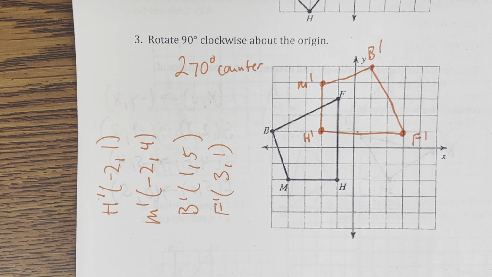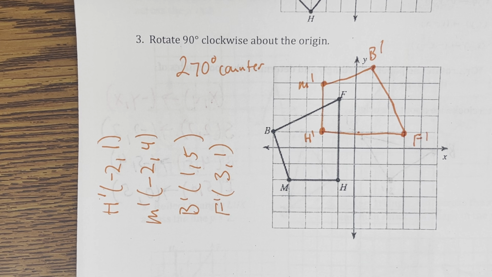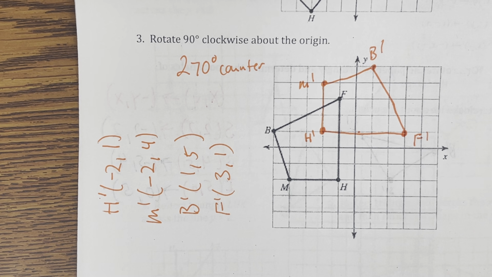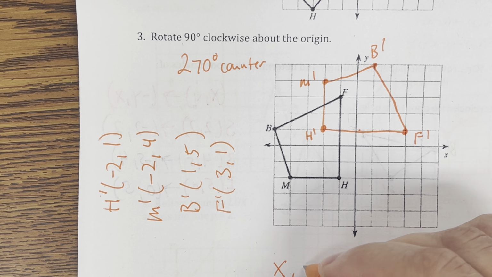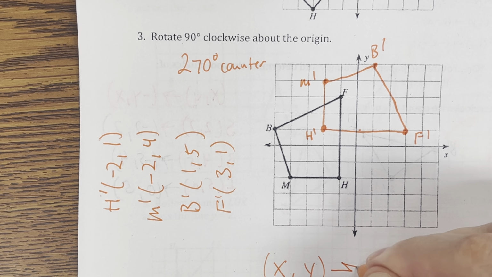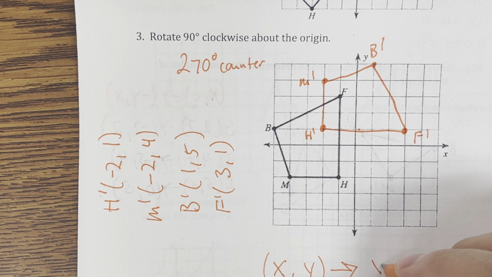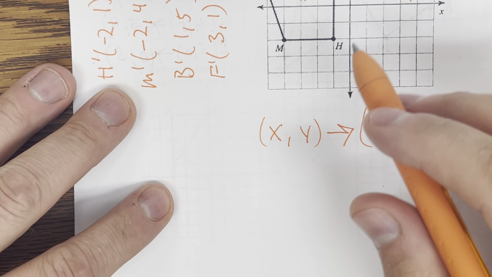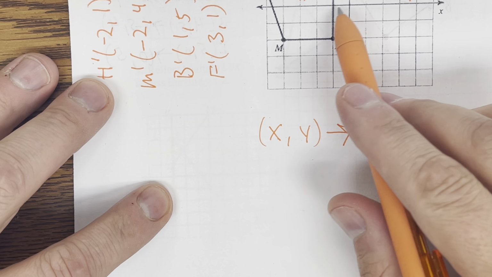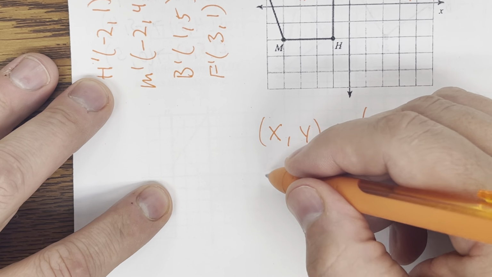Now, I am going to show you how those points lined up based off using the rules. So, for the 270 degree counterclockwise rotation, (x, y) is mapped to (y, negative x). Okay, so that's how that's going to change. So we'd have to write down all of our original ordered pairs. Let's start with H. H was at negative 1, negative 2.